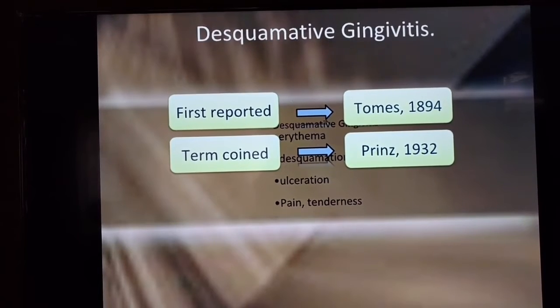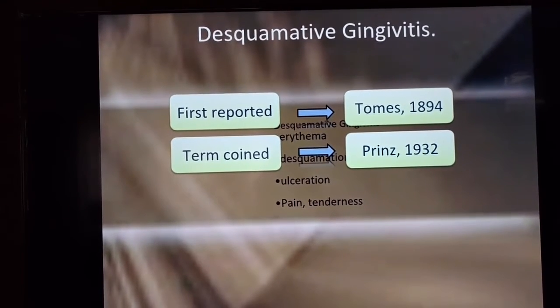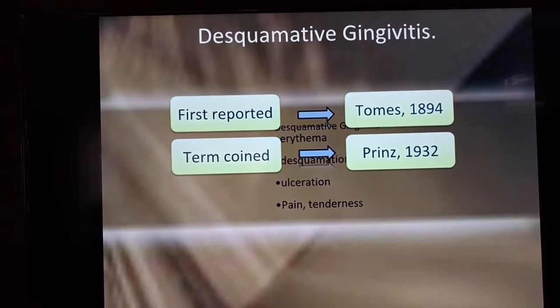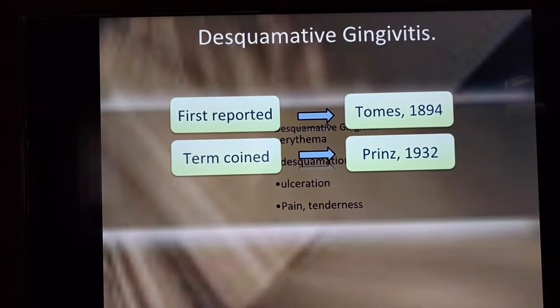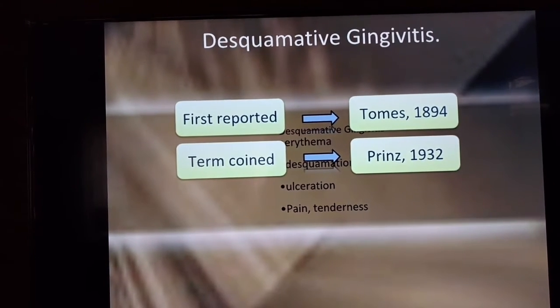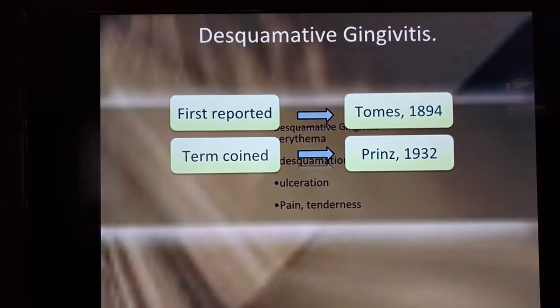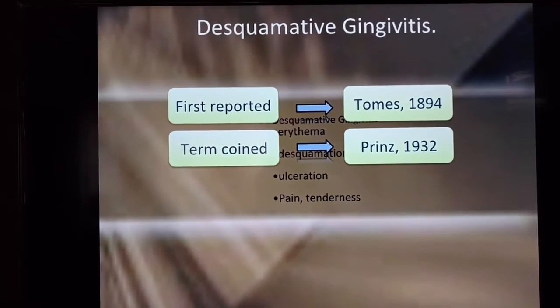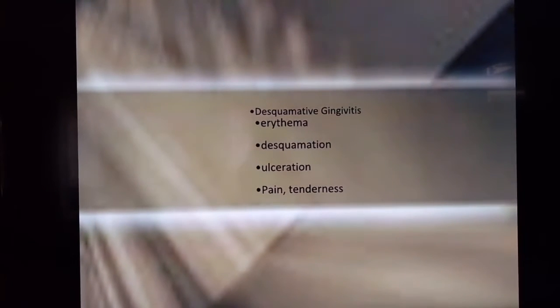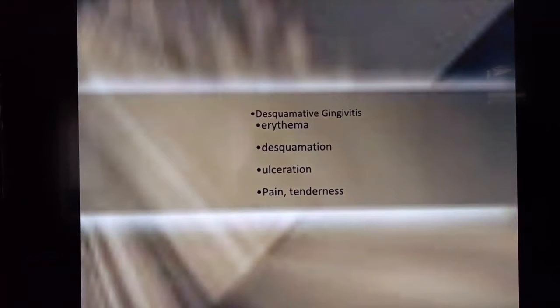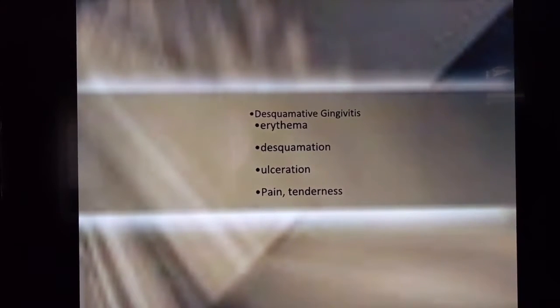Desquamative gingivitis was also called bullous mucous membrane pemphigoid. This lesion could be associated with erythema or redness, which will be associated with desquamation, and that will be followed by ulceration. It may not be a gingival response, but could be associated with various conditions.